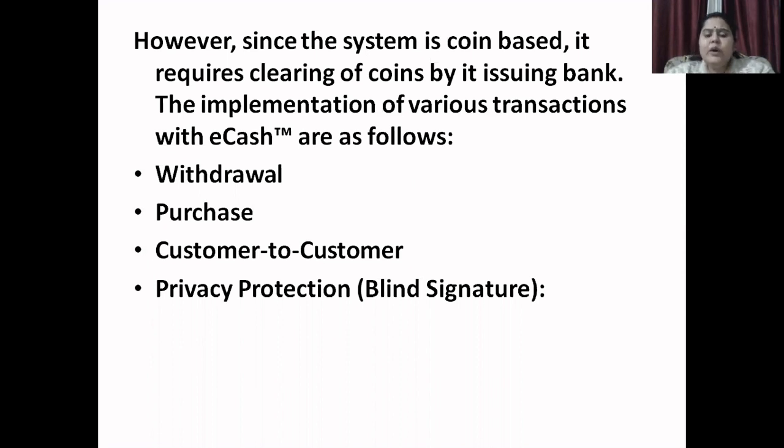No physical coins are involved in the actual system. The messages include strings of digits, and each string corresponds to a different digital coin, with each coin having a denomination or value.